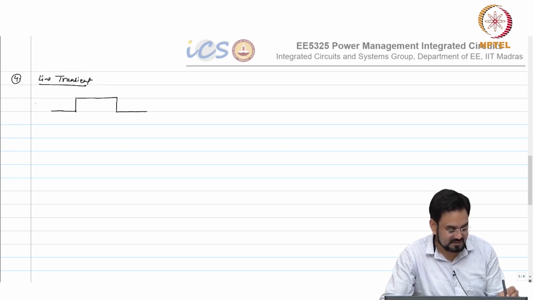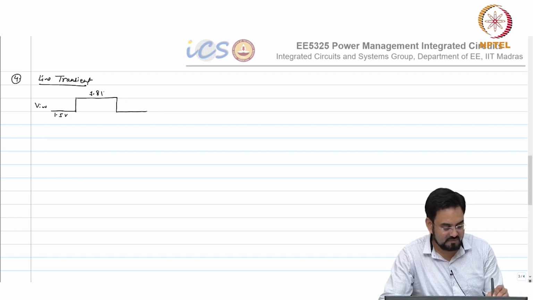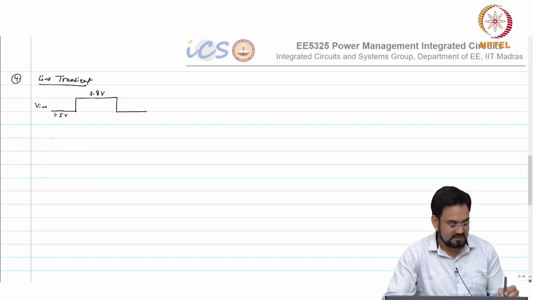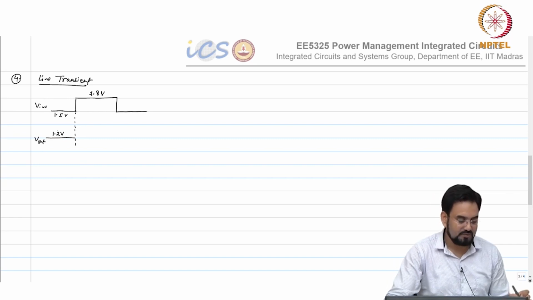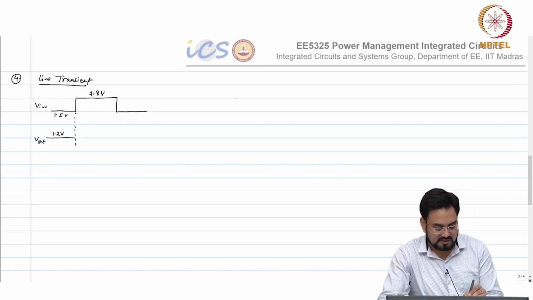So let us say this is your V in, and it is going from 1.5 volt to 1.8 volt. Now let us say my output is regulated at 1.2 volt constant. So this is my V out, which is 1.2 volt. So this is your regulator.